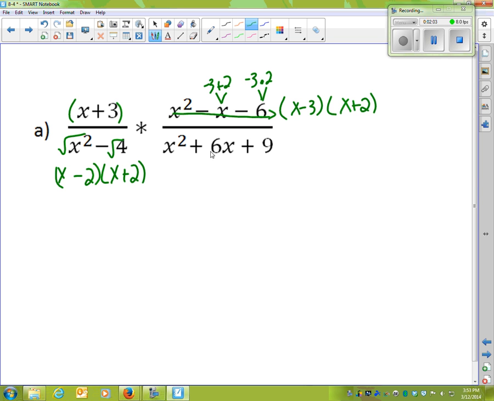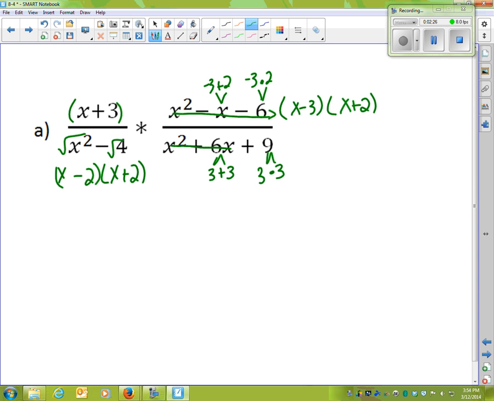And in my last one, the trinomial, my lead term is a 1, so I go 1 times the 9 is just 9. What multiplies to give me 9 and adds to give me 6? Let's do 3 times 3. And 3 plus 3 is 6.